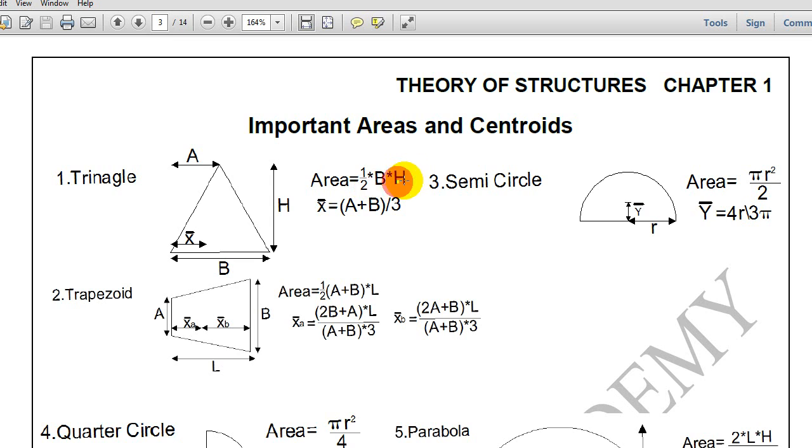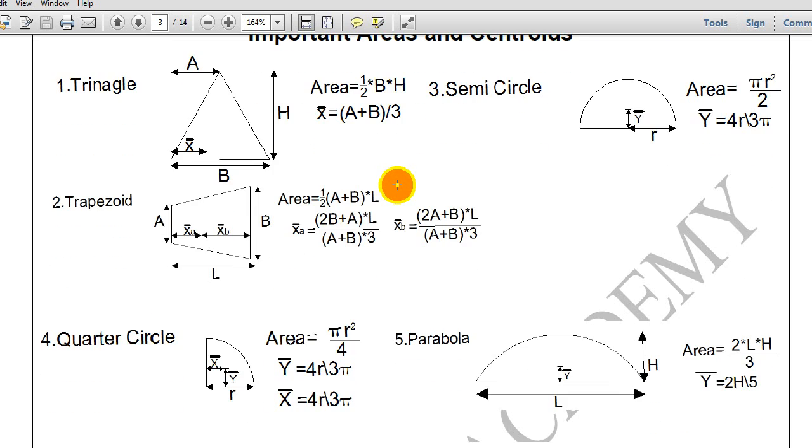half base into height. In the trapezoid, the total area is half of (A plus B) into L, meaning if this is A and this is B, then the center part will be half of A plus B. Now x bar and xb bar, they are unsymmetrical, so for x bar we have 2 times of B plus A into L divided by (A plus B) into 3.